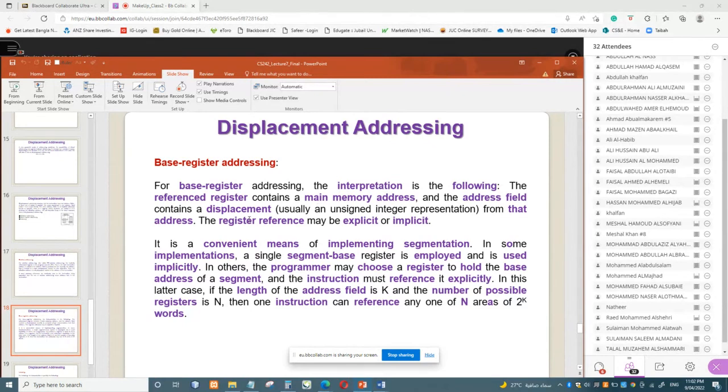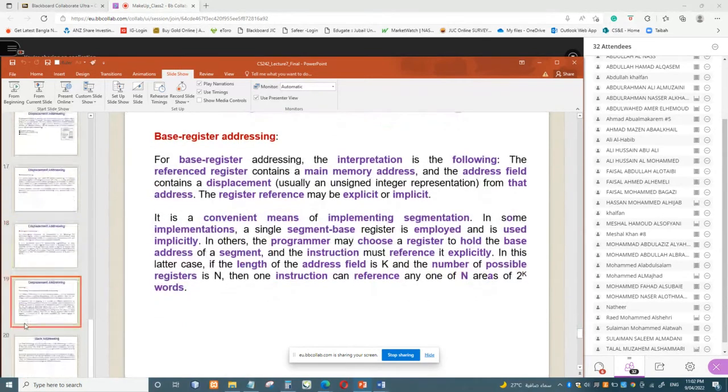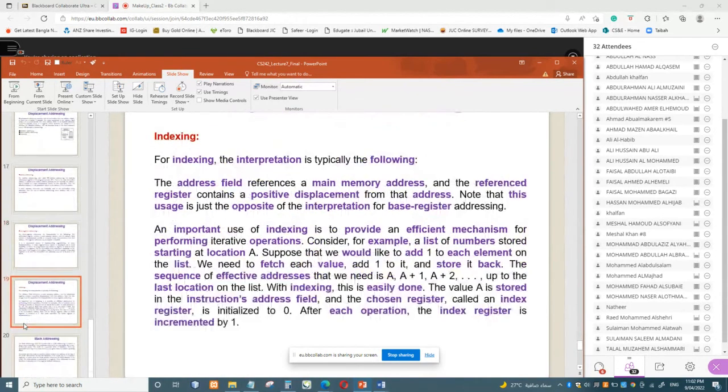So that's base register addressing, but you have another type of addressing called indexing. Indexing is completely opposite to base register addressing. In case of indexing, the reference register contains a positive displacement from that address. That means the address field references a main memory address.